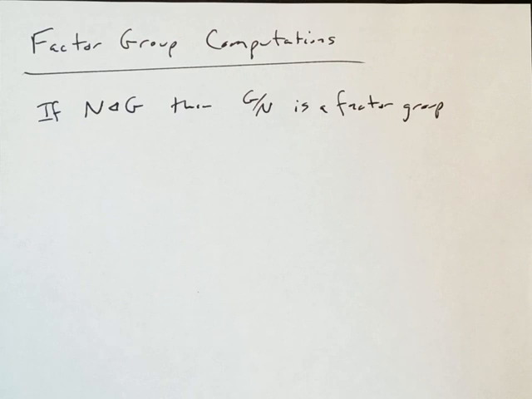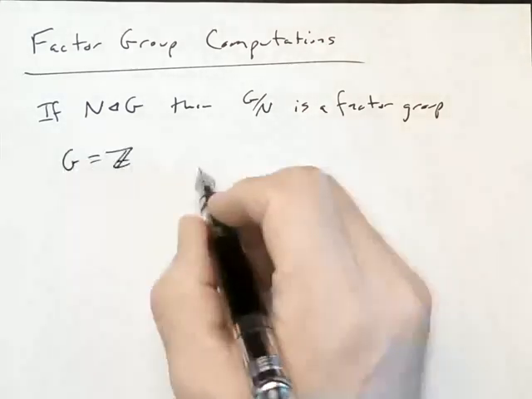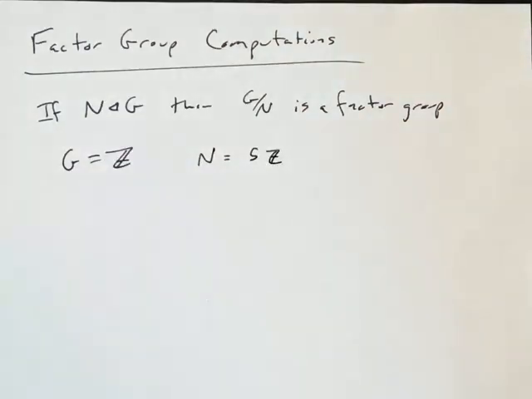I want to think about this similar to the way we created the sets of integers that we worked in mod 5, or mod any number for that matter. But let's consider what our group behavior became. We started in the integers. Then we had the normal subgroup that was the multiples of 5.